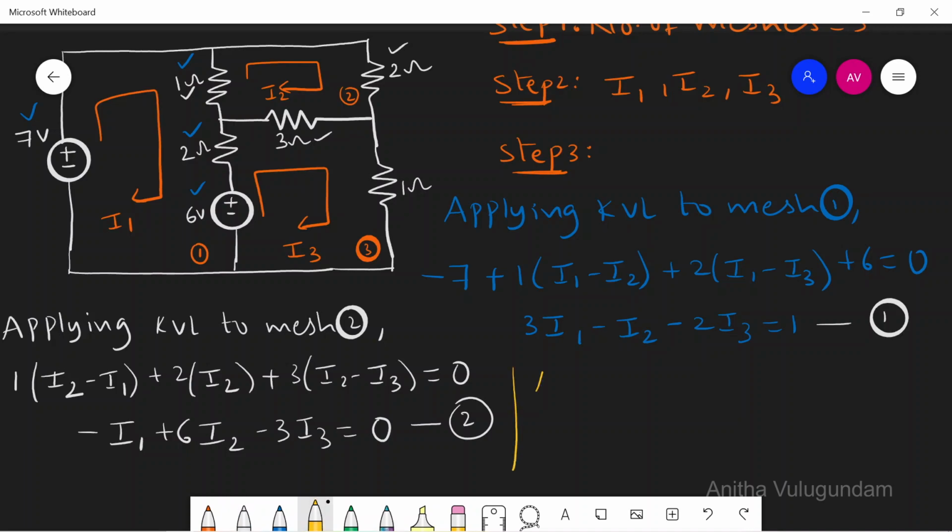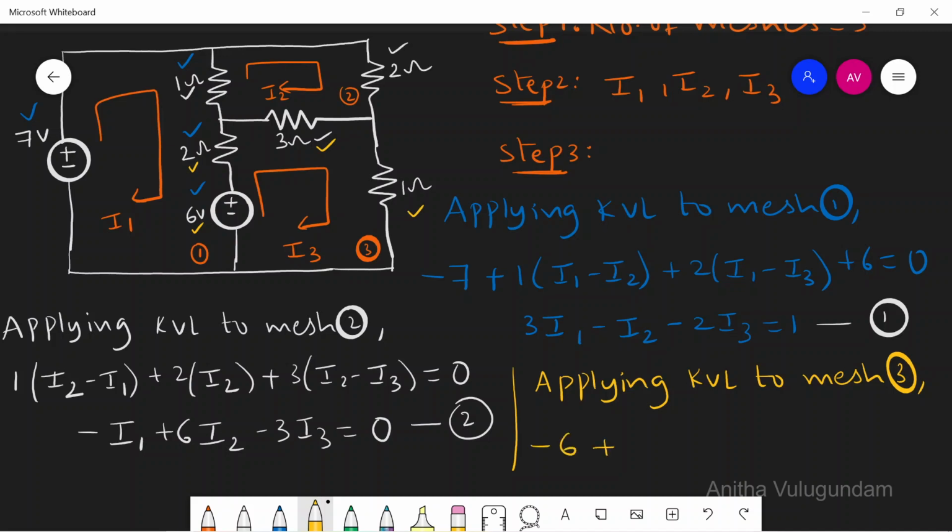Next, applying KVL to mesh 3. Let us start with 6 volts, then 2 ohms, then 3 ohm, then 1 ohm.